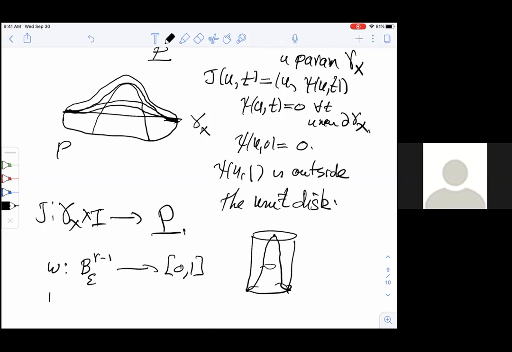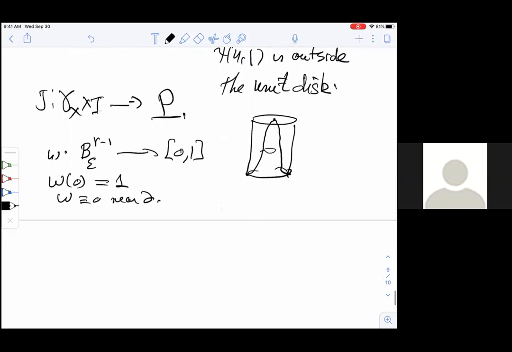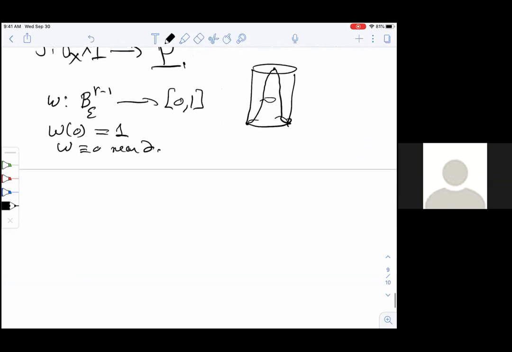So omega of the origin is 1. Omega is identically 0 near the boundary. And of course, it's a smooth function. All right. So those are my two ingredients. And now here is the isotopy. I'm going to have an isotopy of gamma x cross the ball of radius epsilon, the first factor, cross 0 in the second factor.